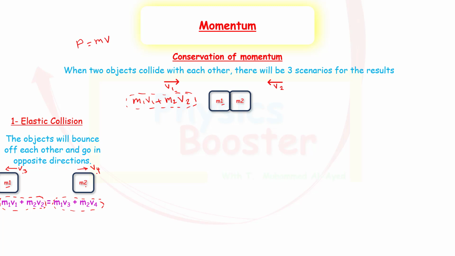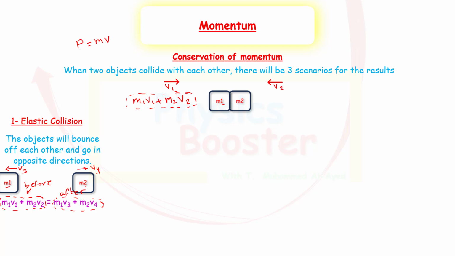What we need to understand is that the momentum before the collision is going to be equal to the momentum after the collision, okay? So m1 v1 plus m2 v2, the total momentum before the collision, will have the same value as after the collision, which is m1 v3, the velocity of the object after it bounced off, added to the mass and velocity of the second object, m2 v4. I hope this is clear.